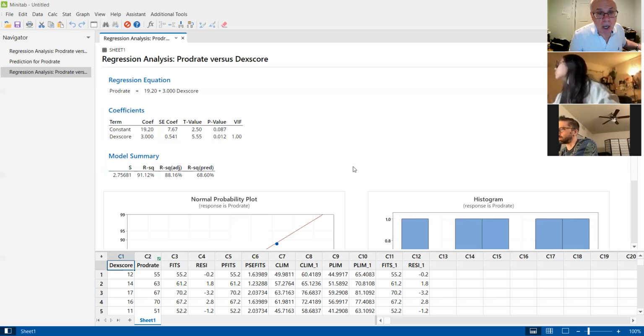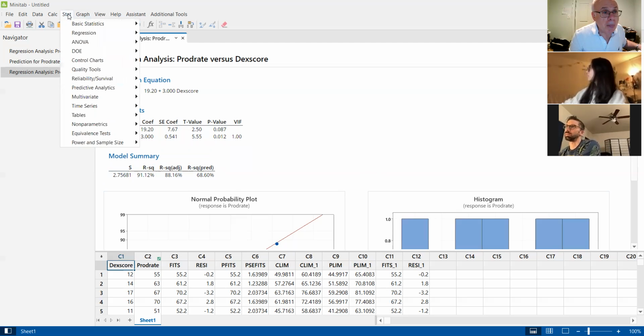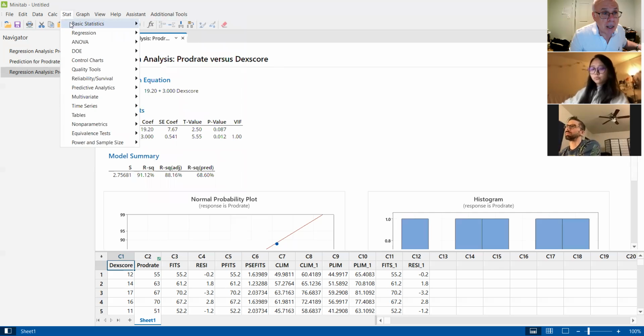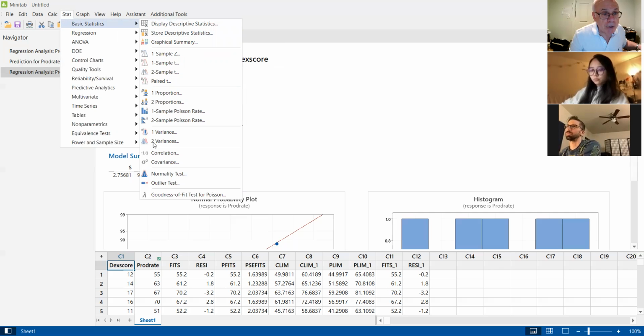It doesn't tell you here what the correlation coefficient is. Except if you go to Stat, Basic Statistics, and scroll down, you'll see Correlation.